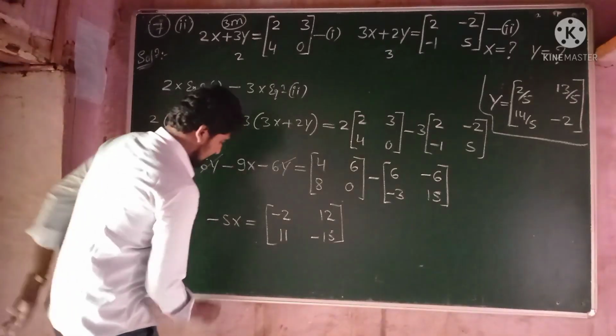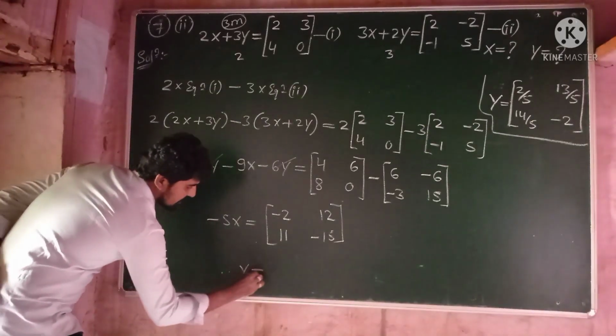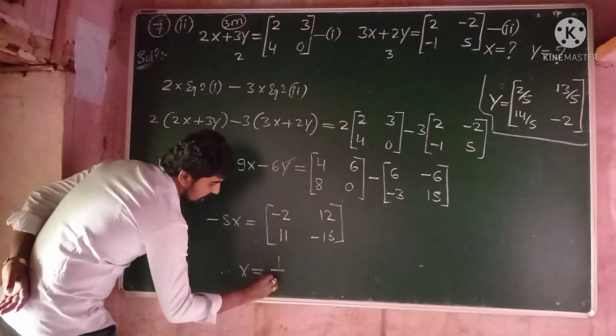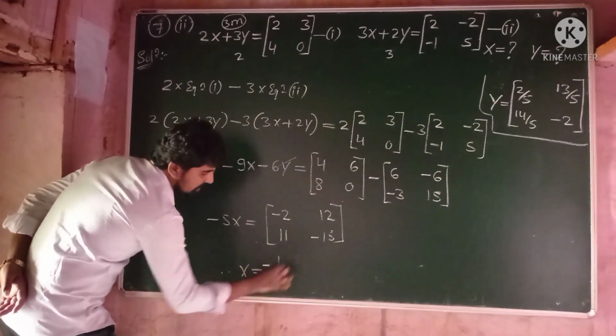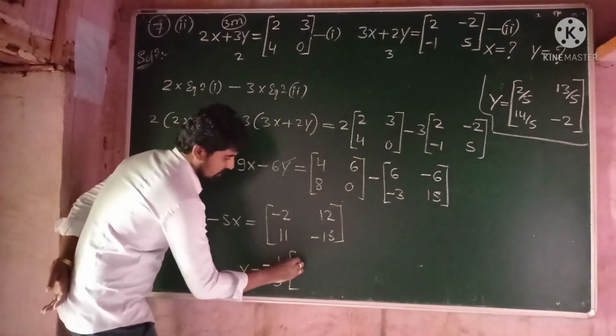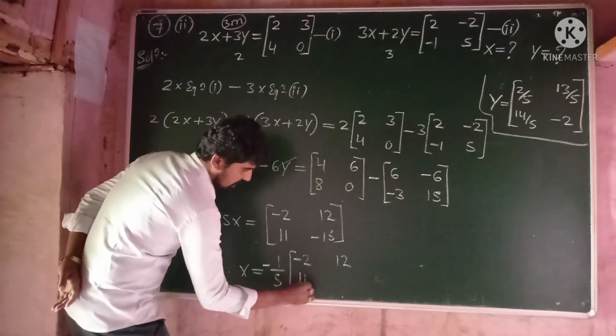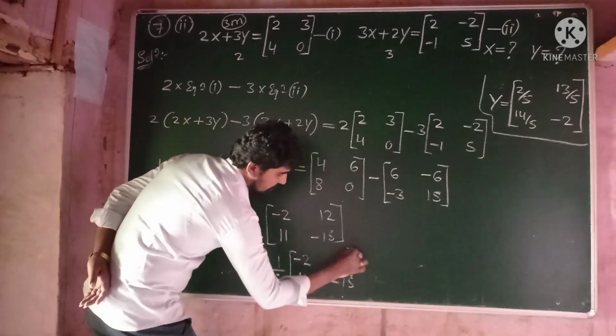Therefore, the required matrix X is equal to, shift this minus 5 towards the right hand side, it becomes minus 1 by 5 into matrix minus 2, 12, 11, minus 15.